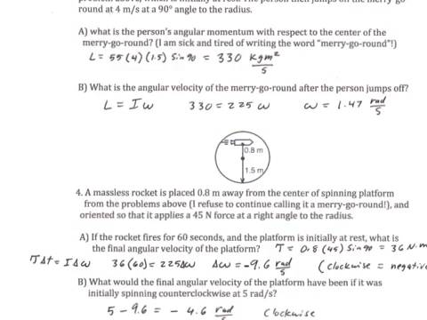So if you recall with impulse, we would say force times time equals delta mv. Now we're going to say torque times time equals delta I omega. So the torque was 36. The amount of time in seconds that torque was applied was 60 seconds. So this is the impulse that's going to change the angular momentum here.